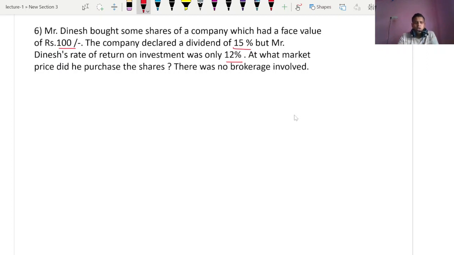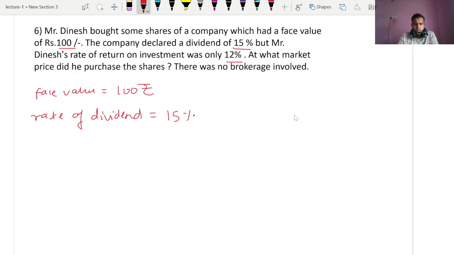Fine. Since we know that, face value is 100 rupees. Rate of dividend is 15%.